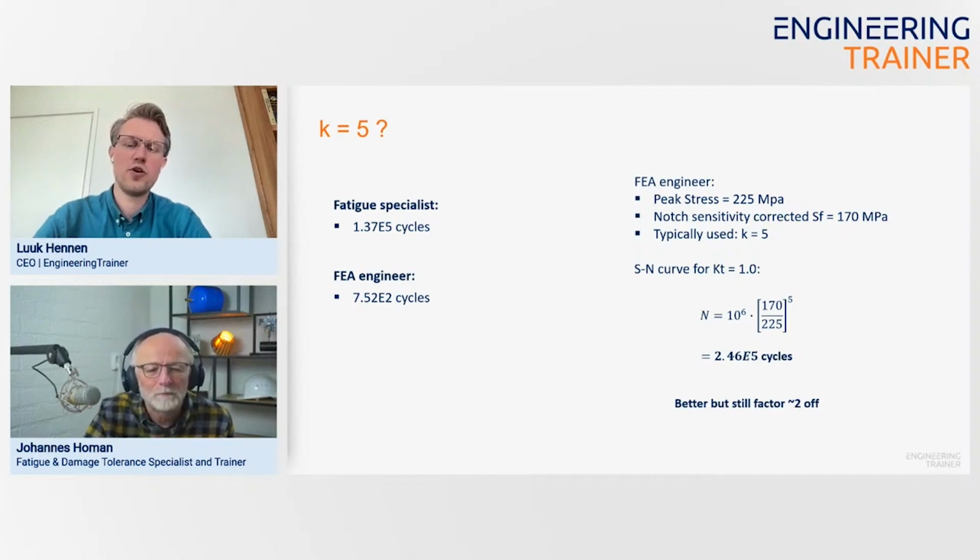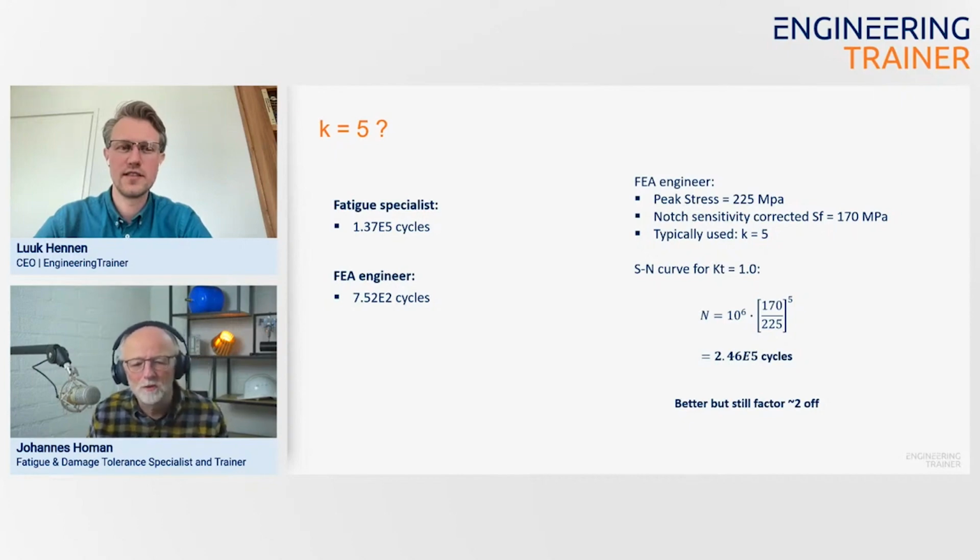All right. How would you go about this? Find a different k value, I guess. If you want to use indeed the local stresses, that would be an option. But the most logical one would be using the SN curve for Kt is 2.5.